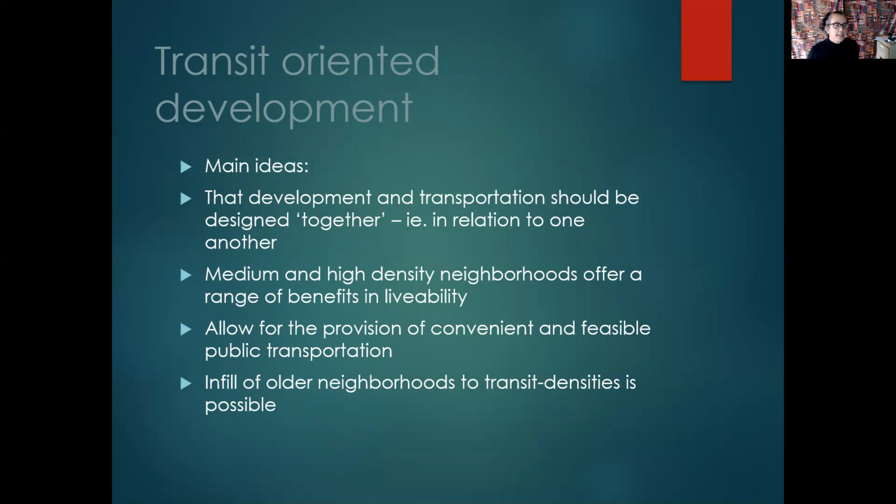Medium and high density neighborhoods offer a range of benefits in livability, even in a pandemic, although I guess we're going to have to take that into account now, like how do you get in and out of the building and where do you go where you can be distanced. They allow for the provision of convenient and feasible public transportation.